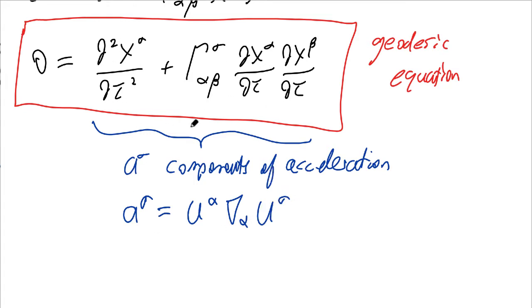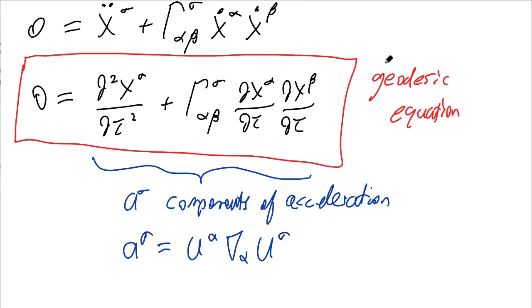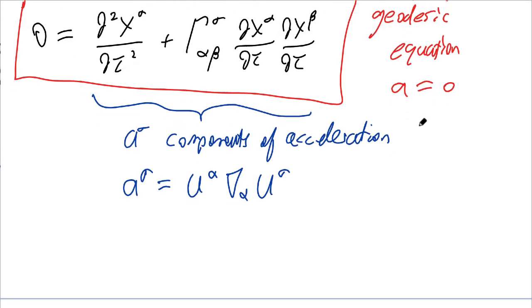And then we showed that that's precisely the right-hand side here when written in terms of the world line x of tau. So what we've shown is that for timelike geodesics, the geodesic equation is just the equation acceleration equals 0.